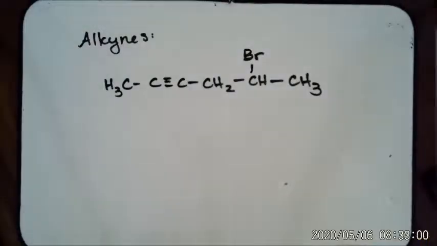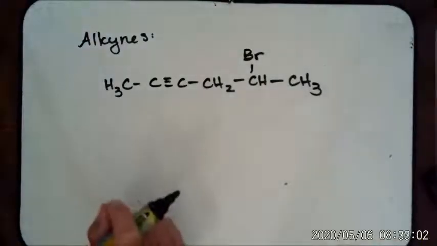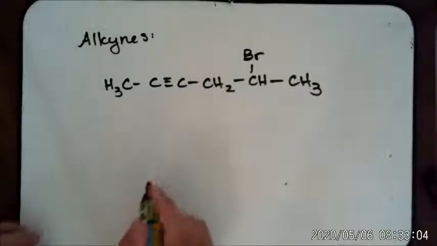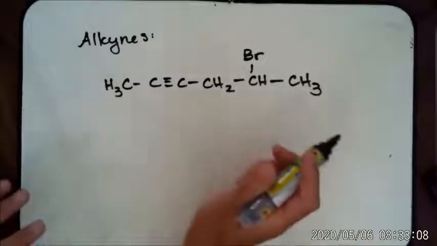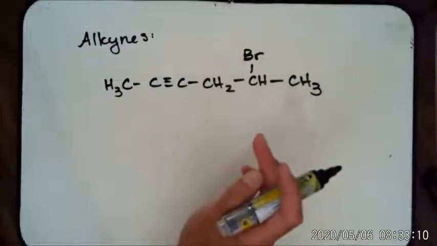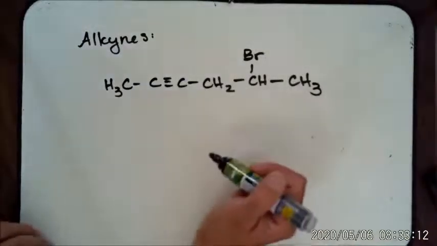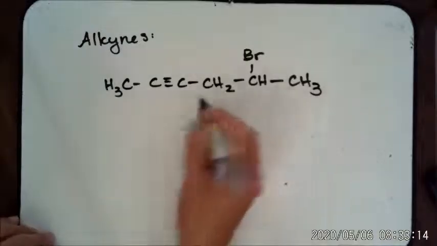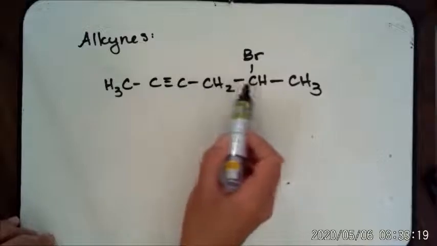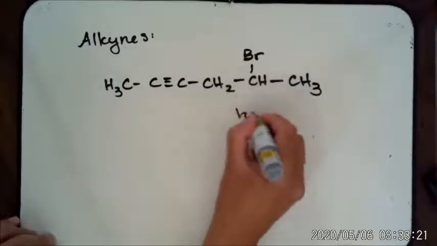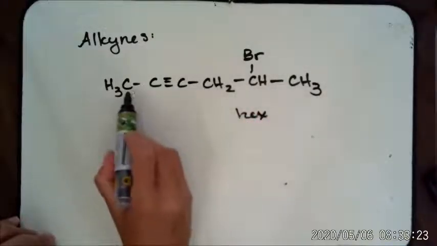Okay, so let's just do one example before we move on to the properties of alkynes. Let's name this one. It's a nice linear alkyne, and we know that we're going to end in -yne, so let's take a look at my longest carbon chain. 1, 2, 3, 4, 5, 6. So hex, and then we say 1, 2.